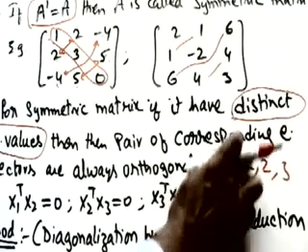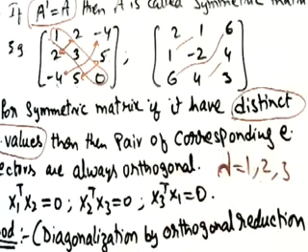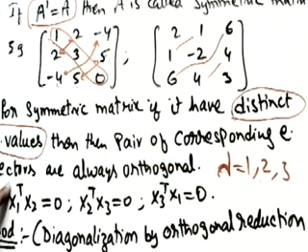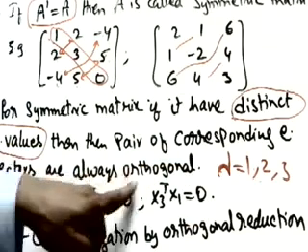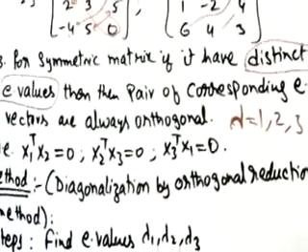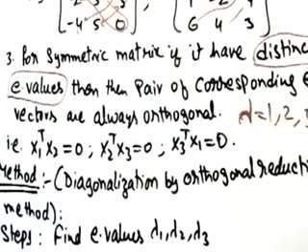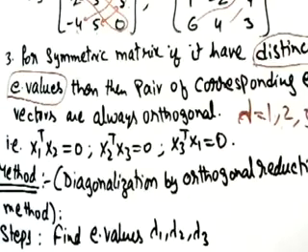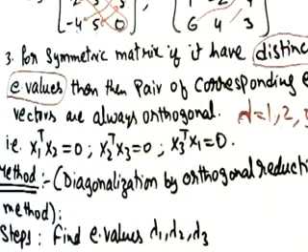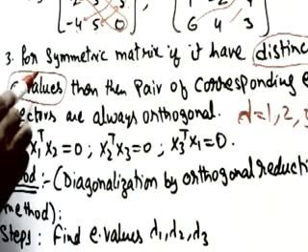If all the values are different, then the corresponding eigenvectors will always be pairwise orthogonal. That is, if you multiply x1 transpose into x2, or x2 transpose into x3, or x3 transpose into x1, you will always get 0.